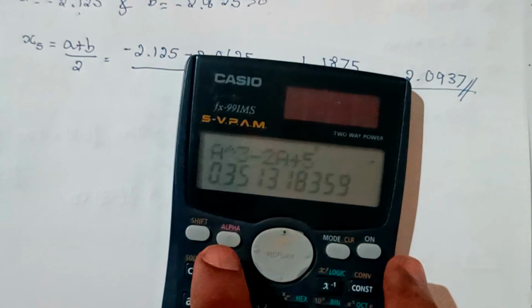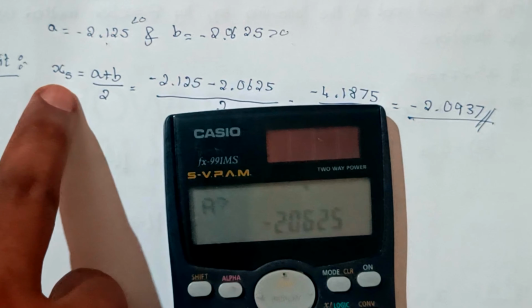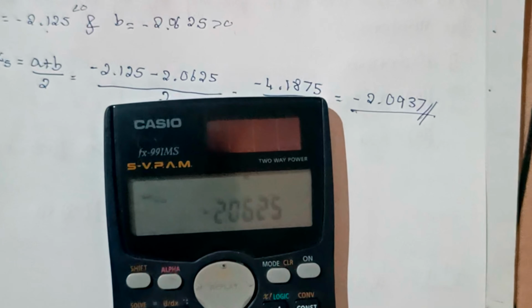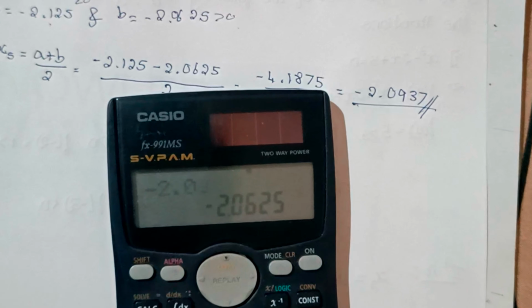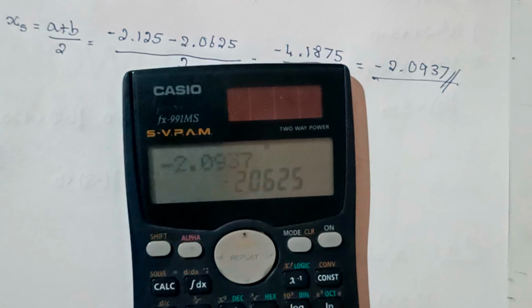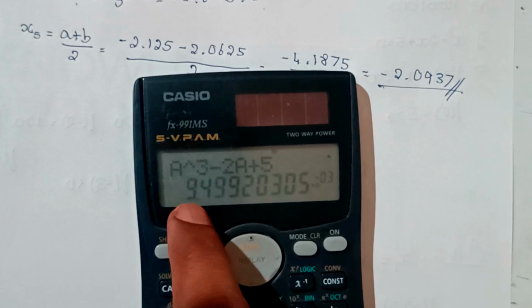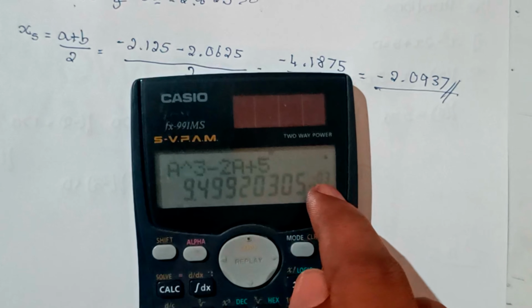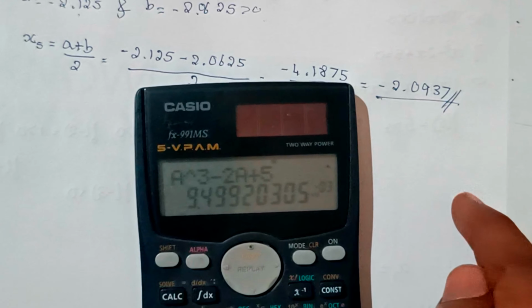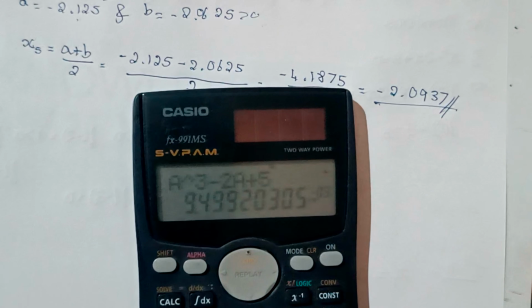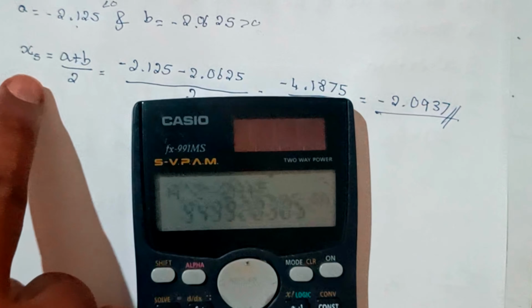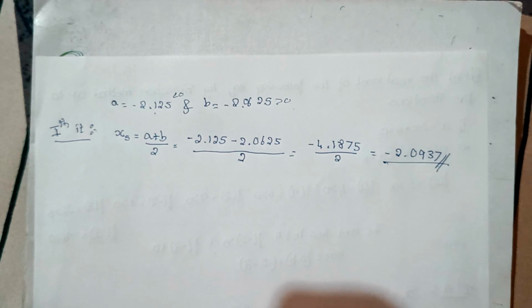Again using calculate for x5, that is the x5 value -2.0937, we get the answer of -9.49 into 10 to the power minus 3. Minus 3 means 0.009499 is the answer of this f of x5. So friends, thank you.